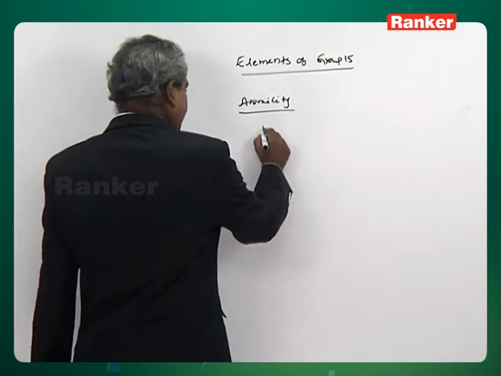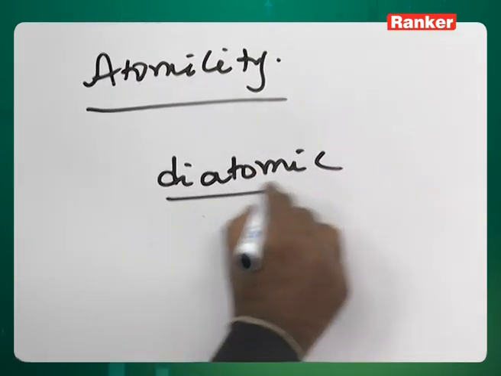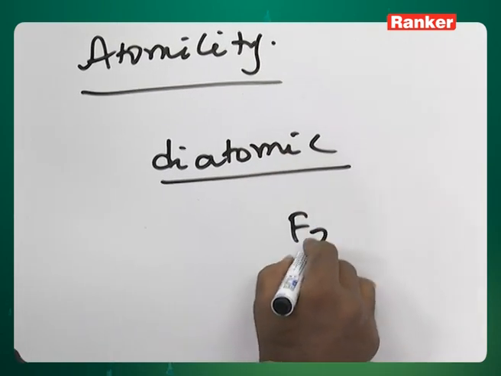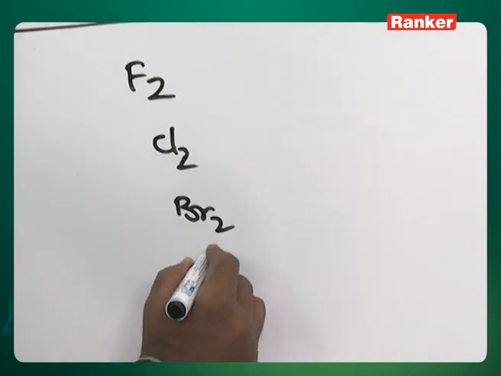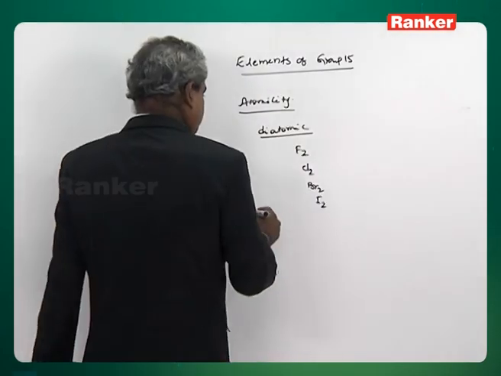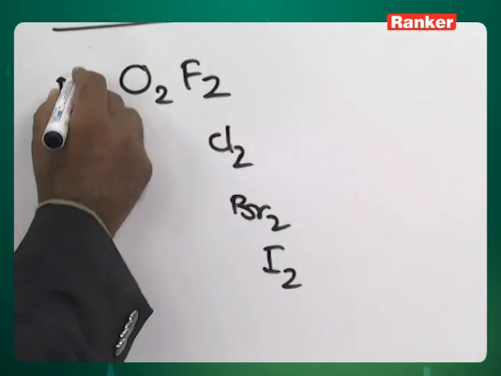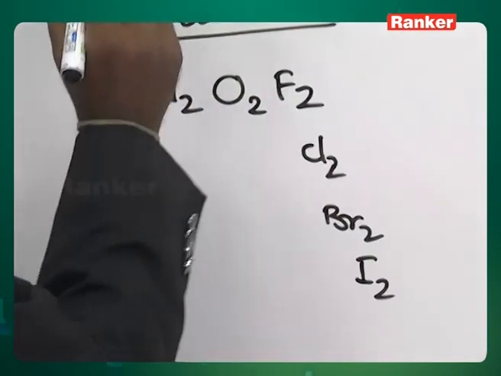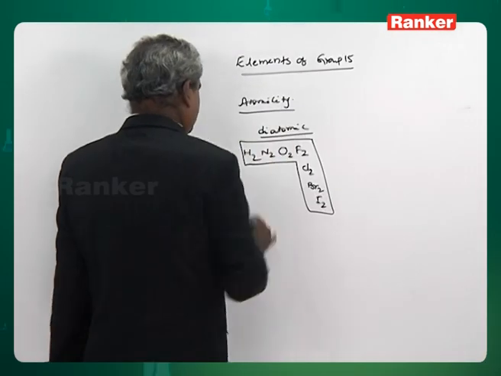Very few are diatomic, like F2, Cl2, Br2, I2, O2, N2, H2. Only these are diatomic.